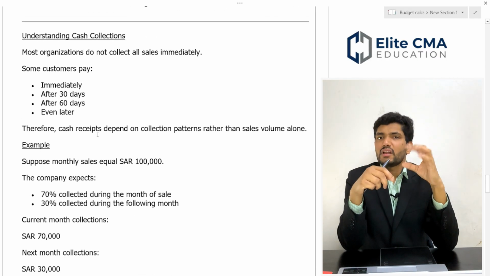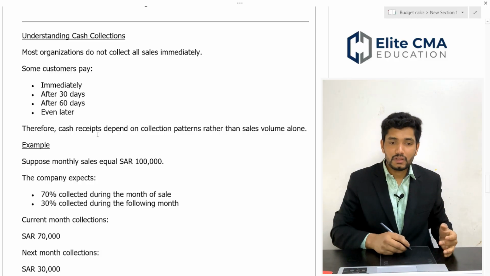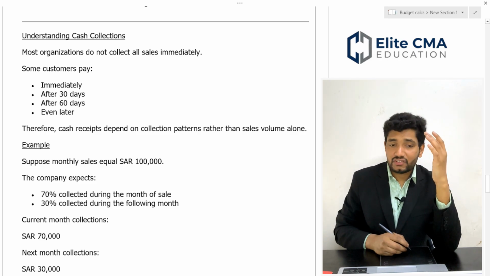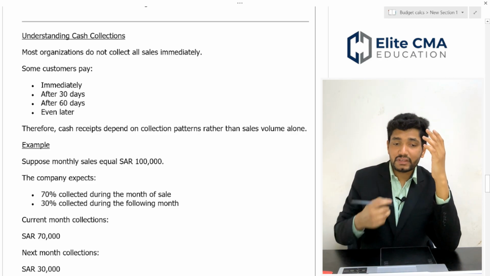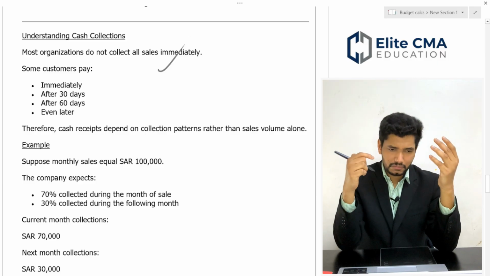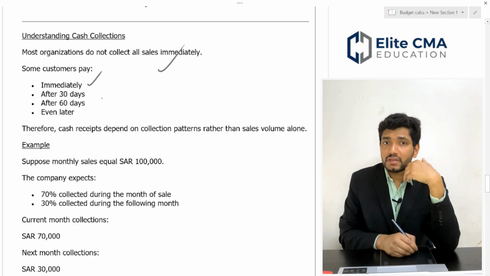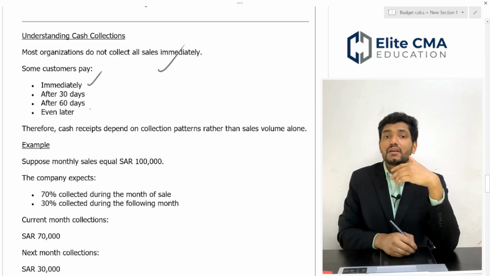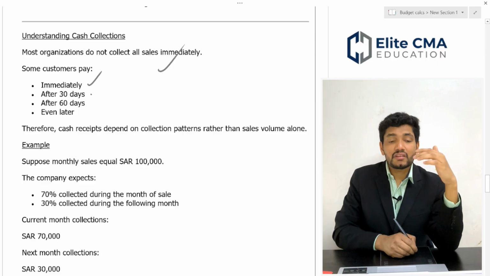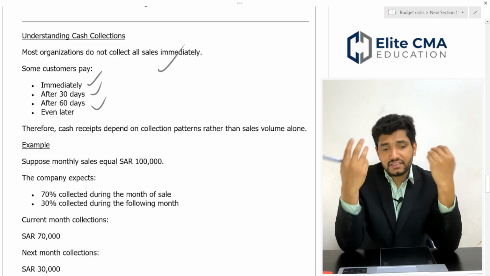Now, let's try to understand cash collection. Most organizations, in reality, will not collect all sales immediately after the sales. Some customers pay immediately, some will pay after 30 days, some after 60 days, and some even later.